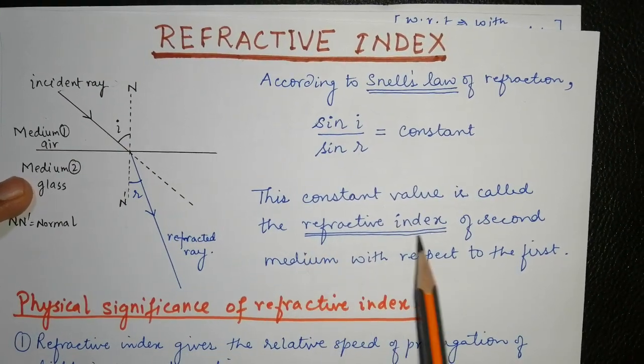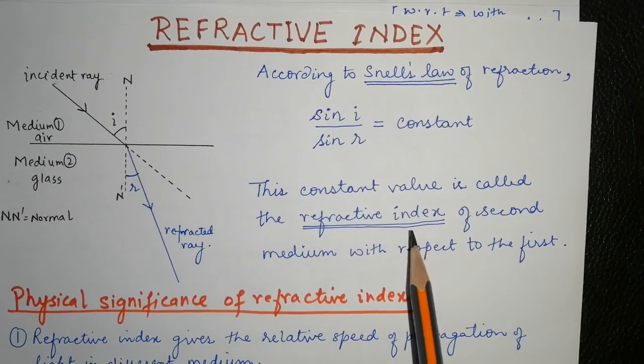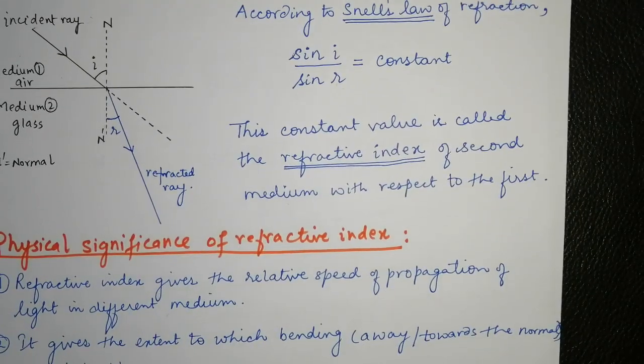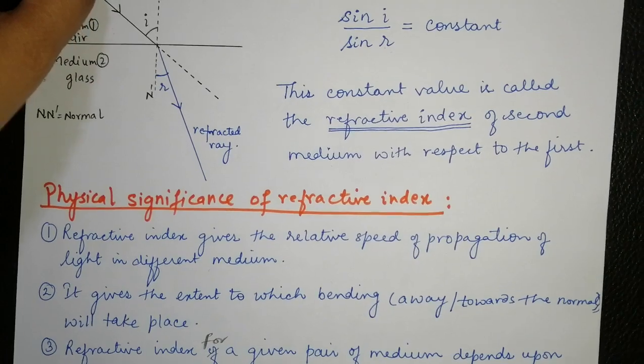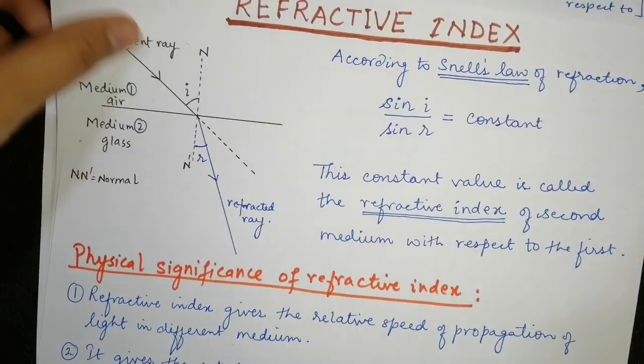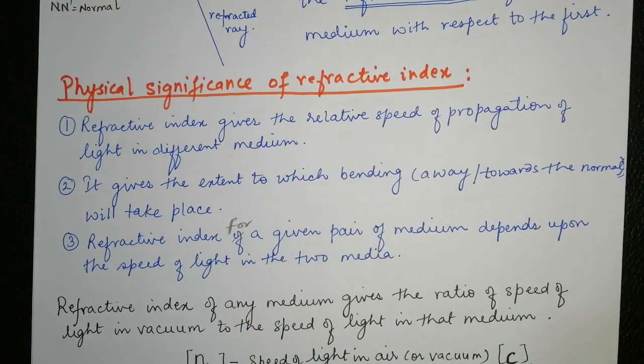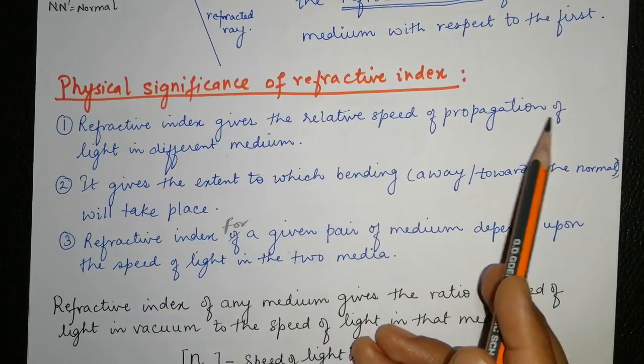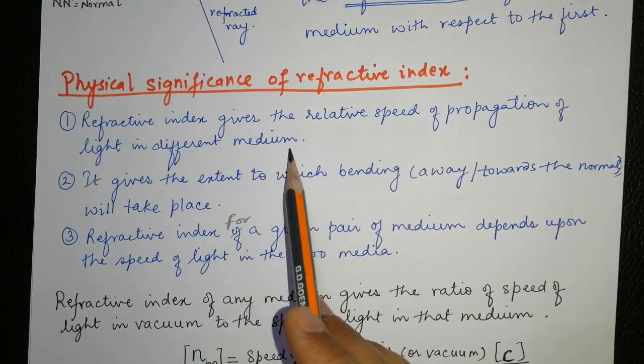Now, what does this refractive index give? The physical significance of refractive index is given here in the form of the following points. Refractive index gives the relative speed of propagation of light in different mediums.